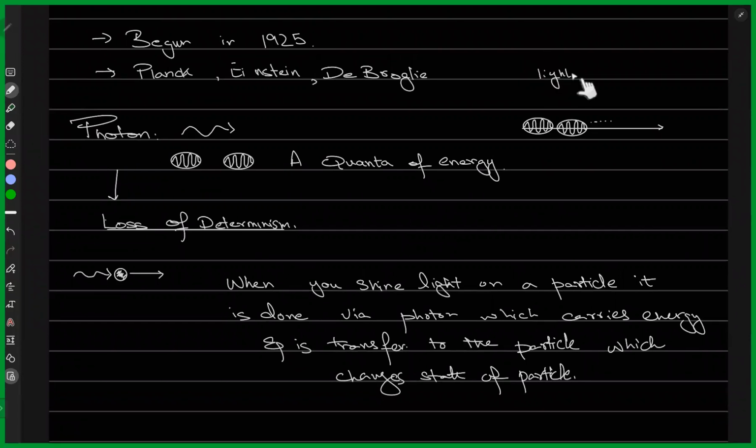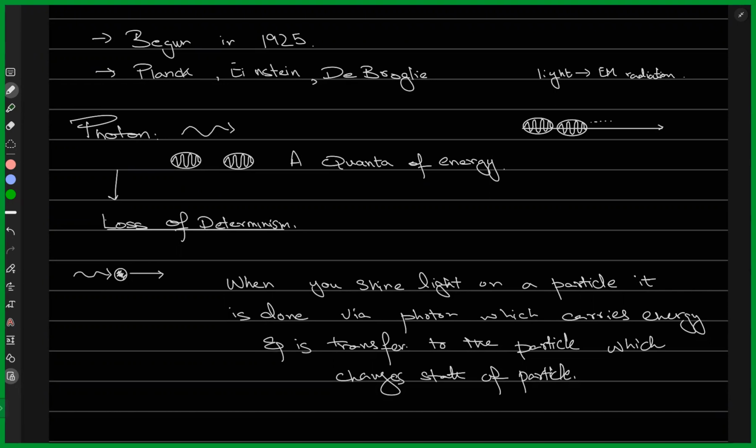When I say light, I just mean electromagnetic radiation. Light is just one small part of the entire electromagnetic radiation, but we are usually familiar with light, so we just say the word light and do not say electromagnetic radiation, right?